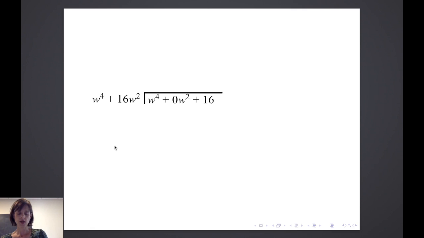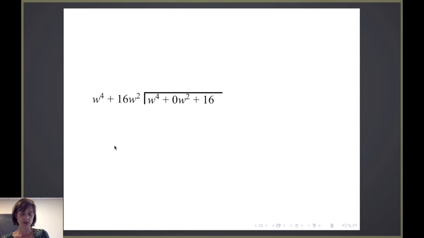The first thing I do is consider how many w to the 4ths go into the highest powered term of the dividend. We see that w to the 4th goes into w to the 4th one time, so we'll put the 1 above the 16. Then we multiply the 1 times my divisor, so 1 times w to the 4th plus 16w squared will be w to the 4th plus 16w squared, and then I'm going to subtract that quantity.